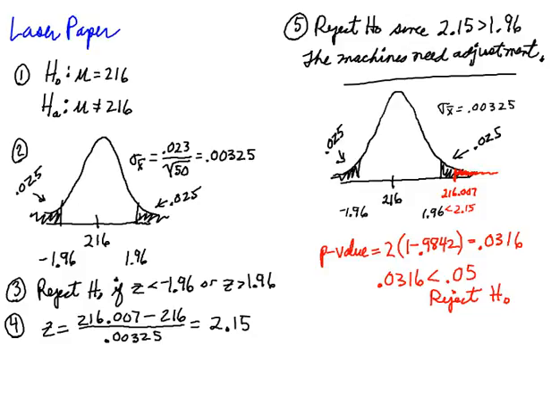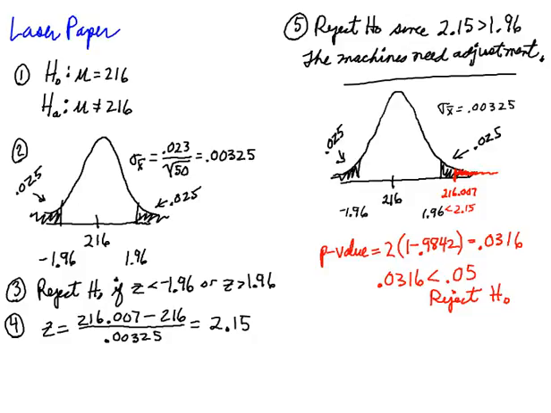We don't want to reject the null hypothesis when it is true. That would mean that we are trying to fix these machines when they don't need fixed. And in some cases, if we try to shut them down and make a realignment, we could be losing time, product, and money. So we don't want to make a type 1 error. When we set alpha equal to 0.05, we are saying that we want no more than a 5% probability of making a type 1 error.